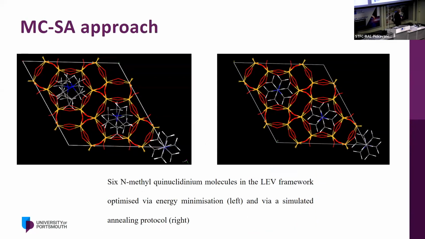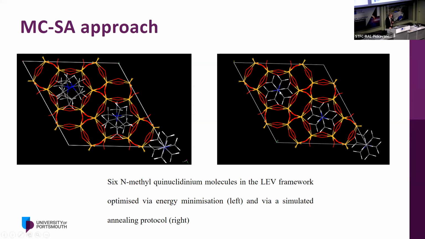A lot of my work here has been centered around looking at the location of templates or organic structure directing agents, whichever you would prefer to call them. And so we have used a technique generally that involves Monte Carlo placement of the templates within the structure, and then to use simulated annealing to heat up to a high temperature and let the temperature cool down to find the best locations for the templates.